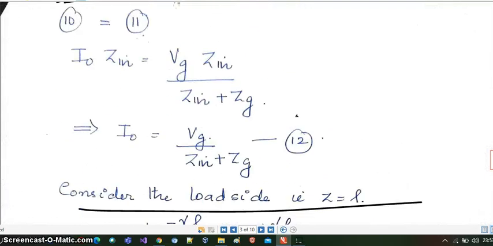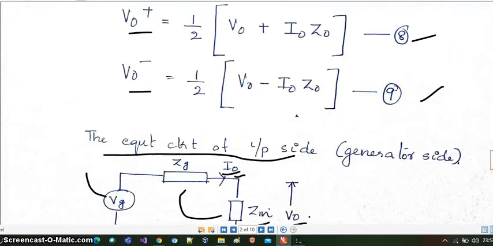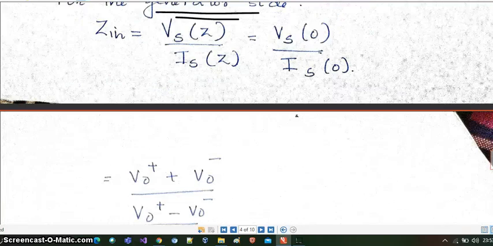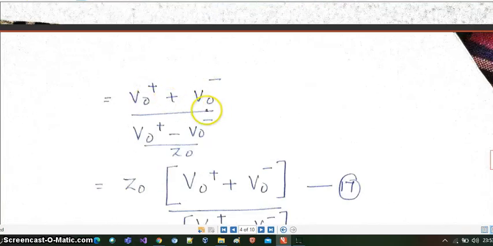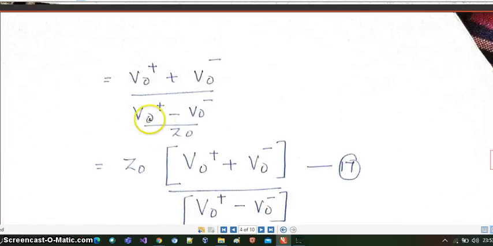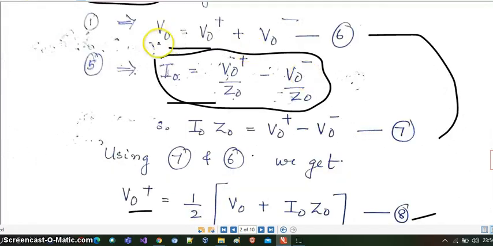Vs of 0 is equal to V0 plus plus V0 minus, and Is of 0 is equal to V0 plus minus V0 minus by Z0. Here you can see Vs of 0 is equal to V0 plus plus V0 minus, and Is of 0 is equal to V0 plus by Z0 minus V0 minus by Z0.